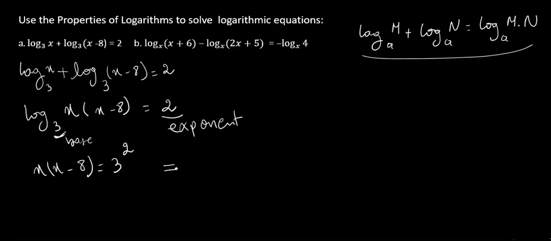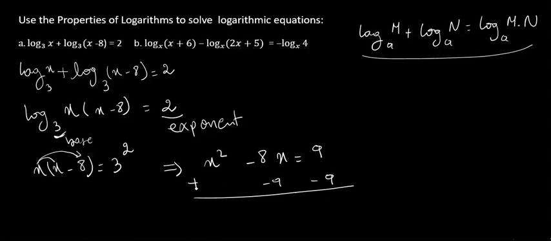Now I'm gonna just simplify x and FOIL. x squared minus 8x is equal to 3 squared, which is 9. I'm gonna subtract 9 from both sides.